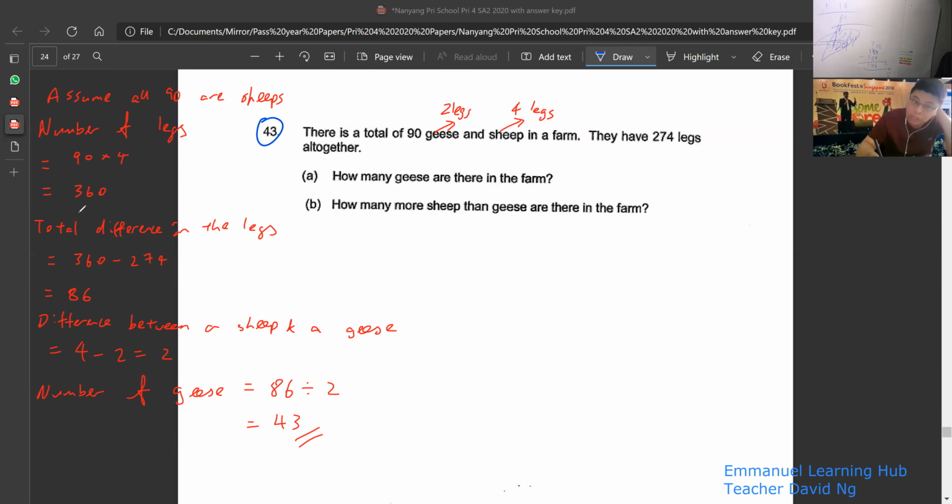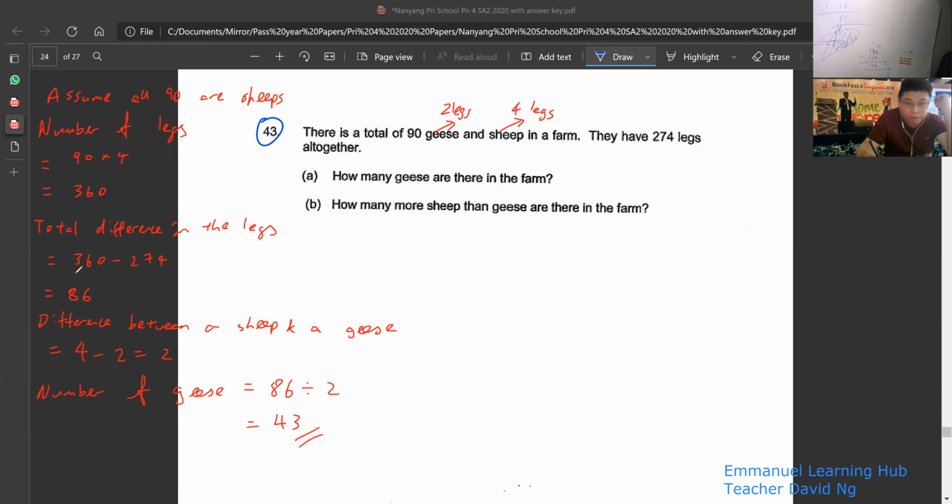This is assuming all are sheep. Then for each sheep and each goose, the difference in the legs is 2.